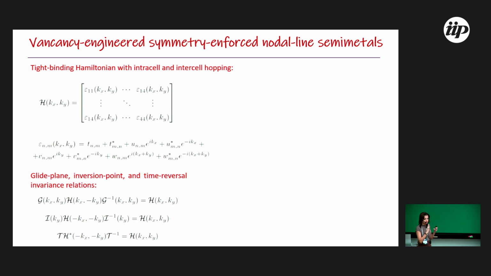And then I just enforce these three symmetries onto this Hamiltonian: glide plane, inversion point, and time reversal symmetry. And these are the invariance relations which this matrix has to satisfy in order for it to be glide symmetric, inversion symmetric, and time reversal symmetric.